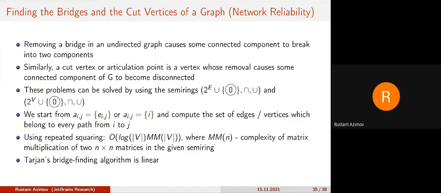And these problems can be solved by using correspondingly these two semirings with sets of edges as a carrier set, and just intersection and union operations over these sets.